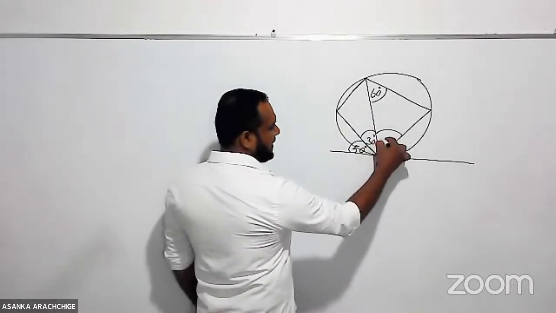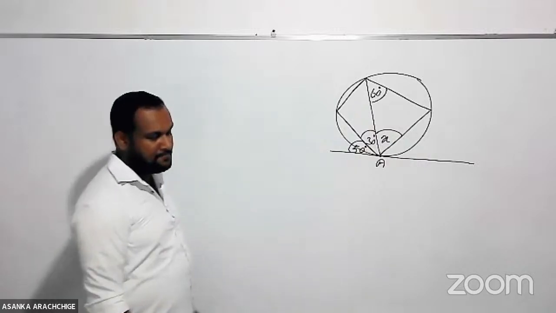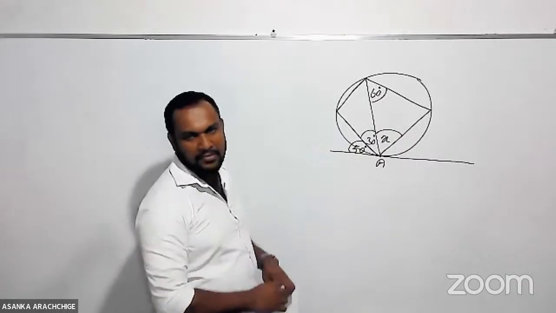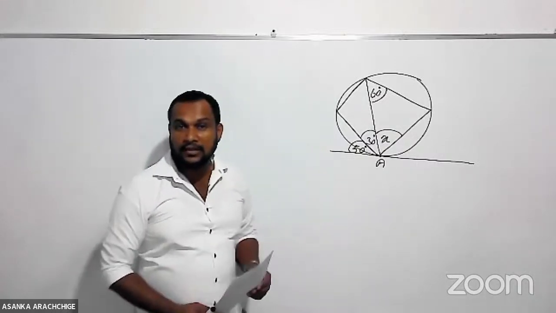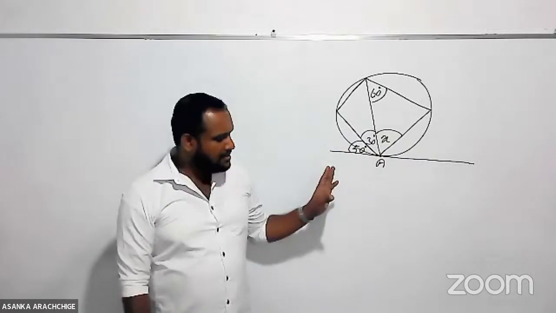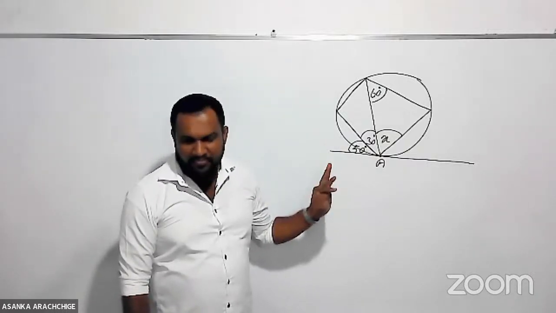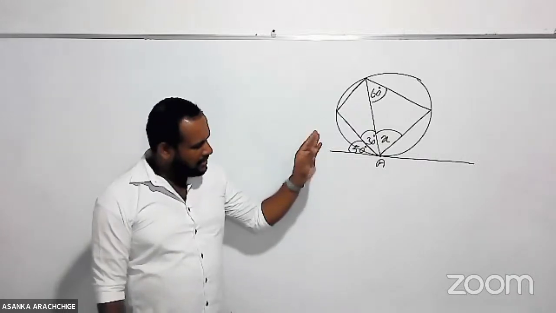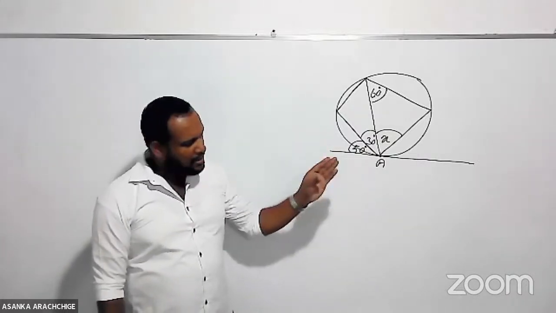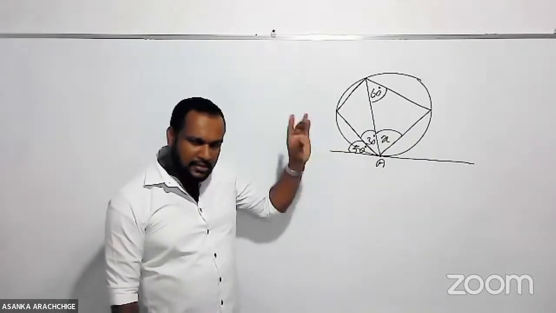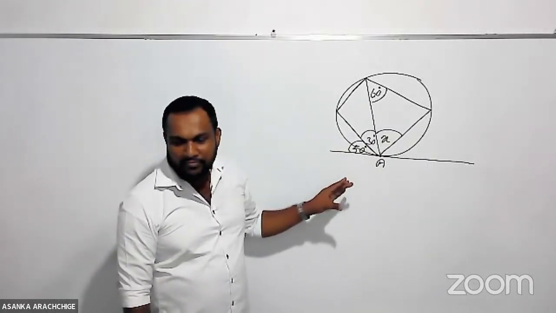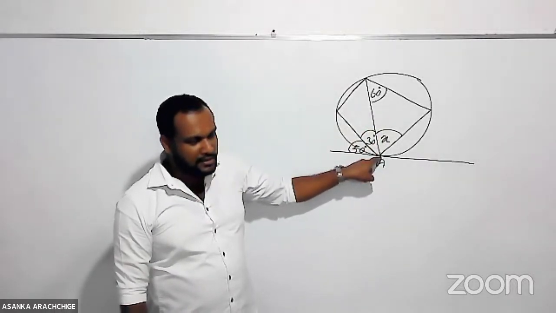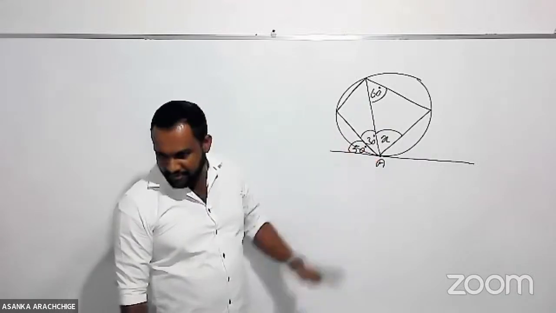I take it as X here, right? This belongs to the lesson tangents. The lesson tangents contains basically three theorems. The first theorem contains three parts, but all those three parts mention the same idea: the radius drawn at the touching point is perpendicular to the tangent.